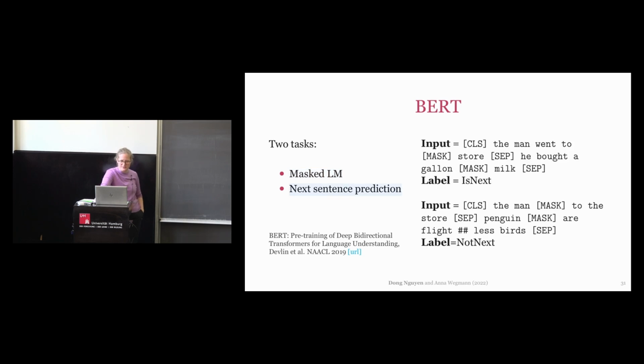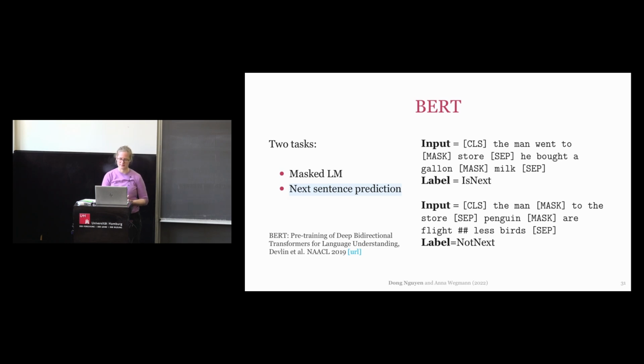And then the other task for BERT is next sentence prediction, where you have a sentence like, the man went to the store, he bought a gallon of milk, and then the task is does one sentence follow the other or not, right? So you have a binary choice. It can either be the next sentence or it cannot. And again, this is self-supervised learning because you know this from the text you're working with.